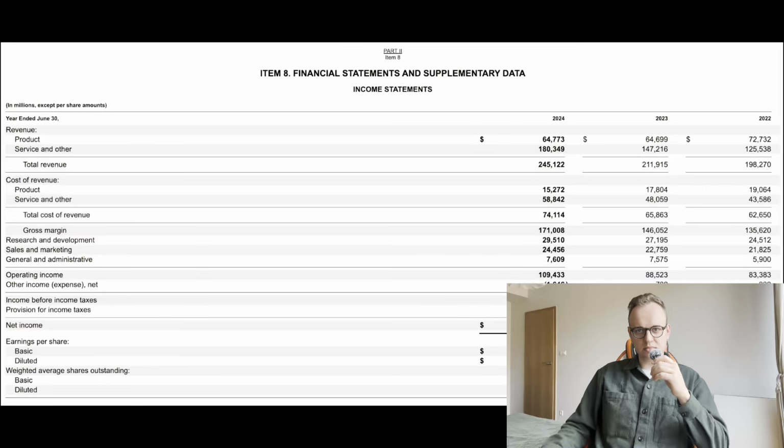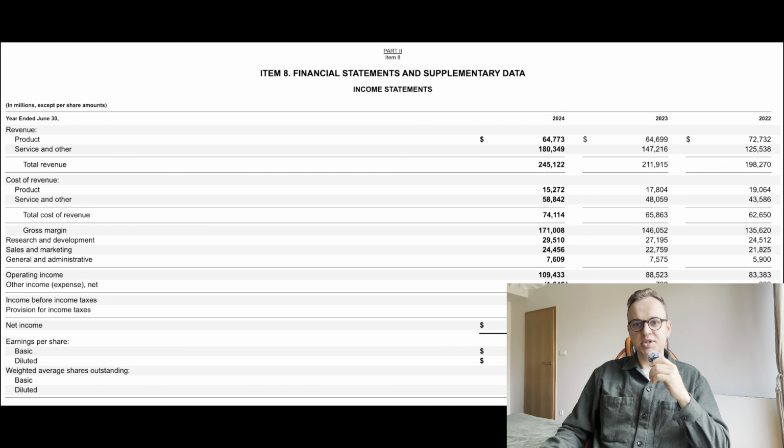Inside those reports, you will find the three most important financial statements: the income statement, the balance sheet, and the cash flow statement. So let's go one by one and learn how to read them, using the Microsoft report as our guide.